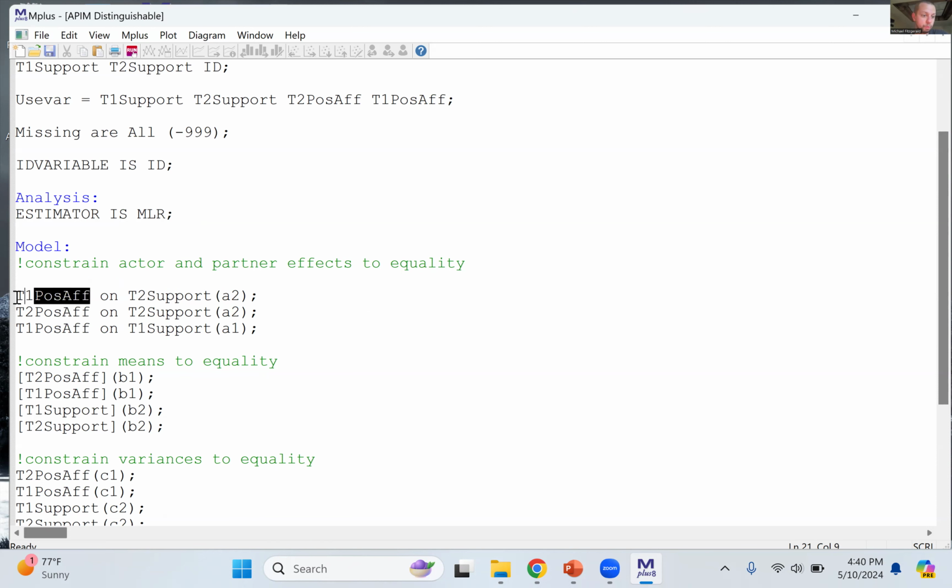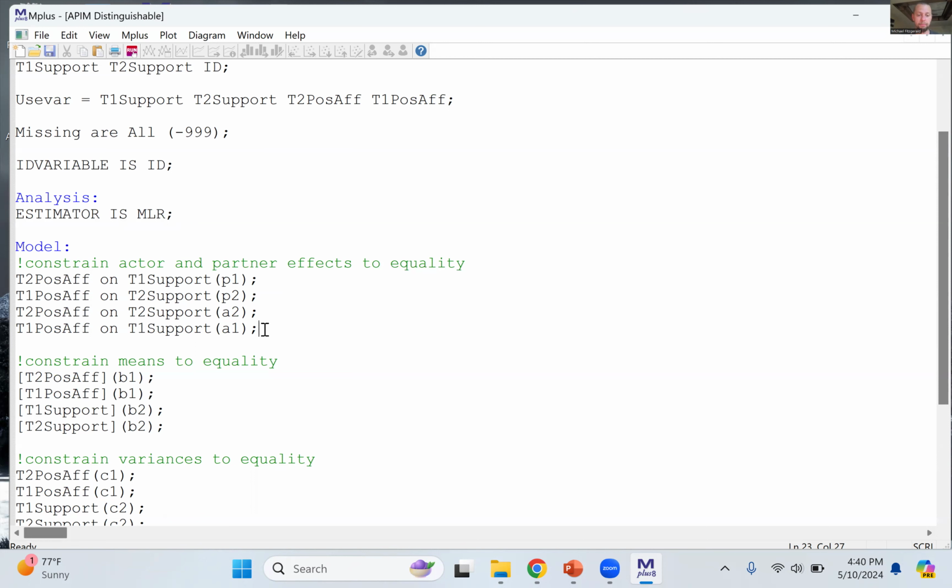And so we also have twin 1's positive affect being regressed onto twin 2 support. And that is going to be a partner effect as well. And then you have your actor effects here, where twin 2 is regressed on twin 2 and twin 1 is regressed on twin 1. So remember, in the actor-partner interdependence model, we predict our own outcomes.